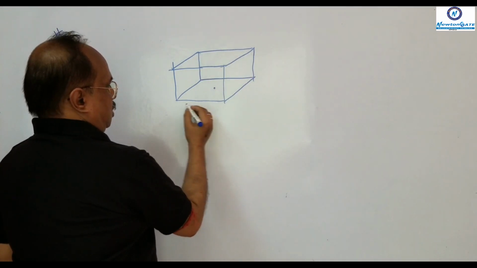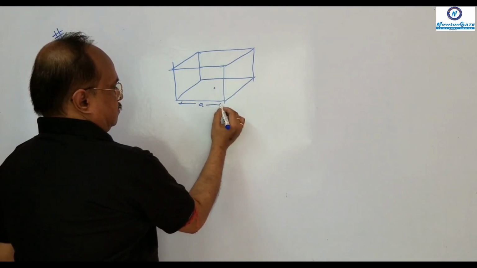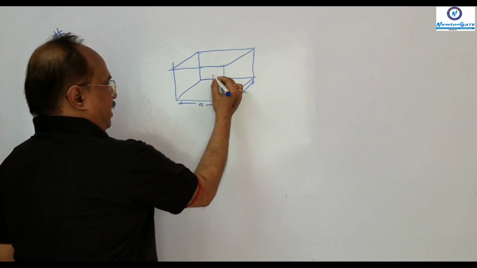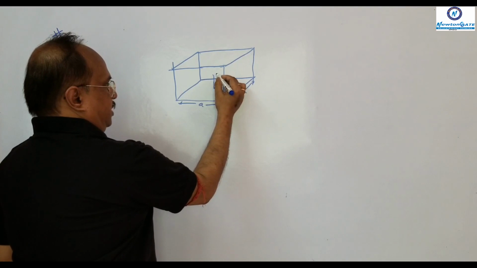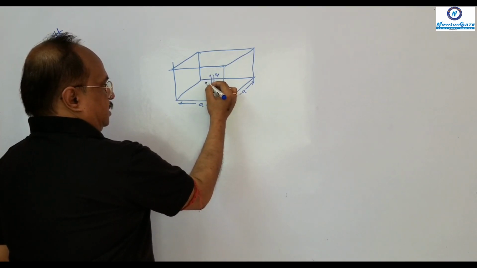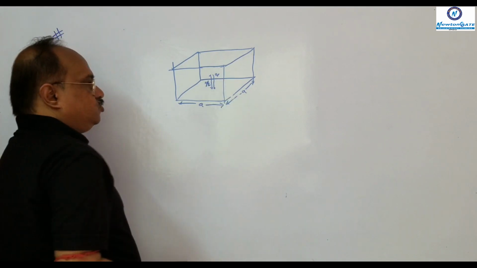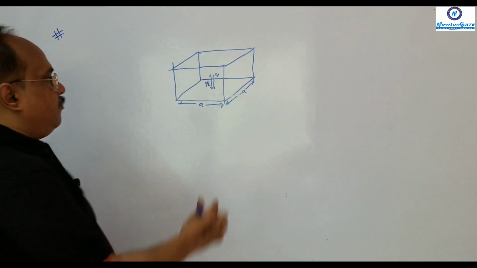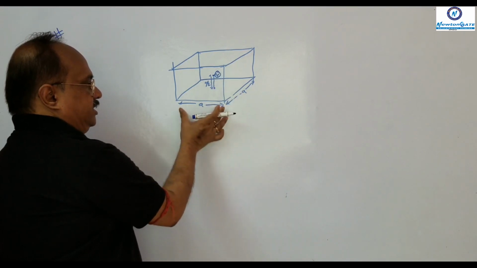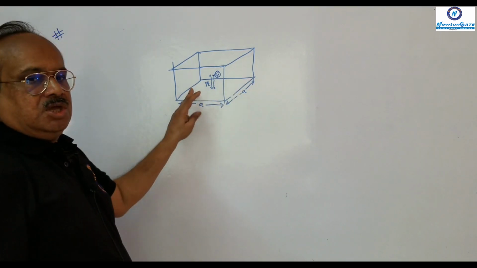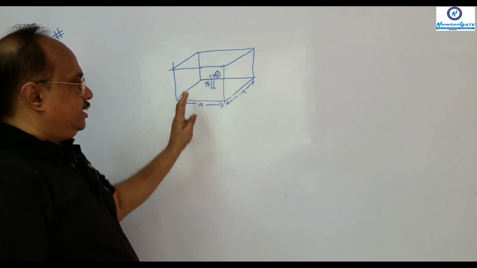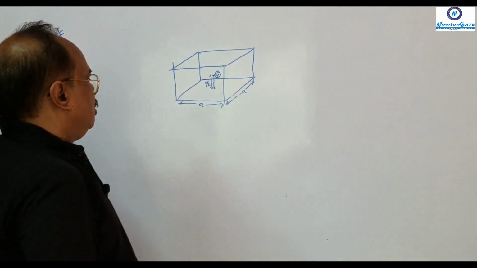This is our cube of side A. And where have I kept the charge? I have kept the charge over here, at a distance A by 2. That means I have made a box and enclosed this charge entirely with a cube of side A.